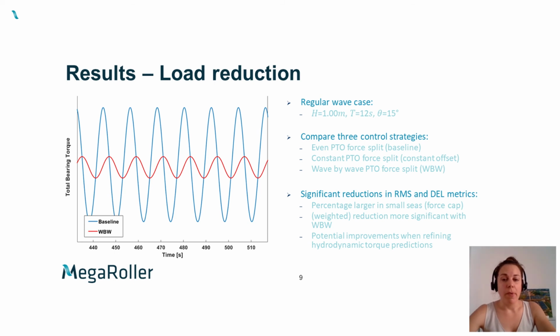When assessing the impact in the case of irregular, more realistic sea states, the force control strategy is shown to reduce the total torque on the bearings even more when applied on a wave-by-wave basis rather than on a sea-state-by-sea-state basis.